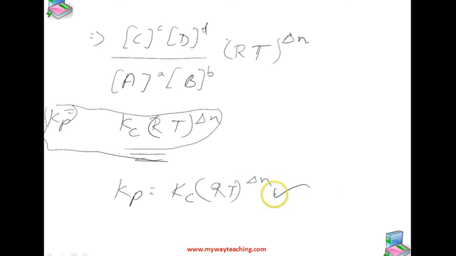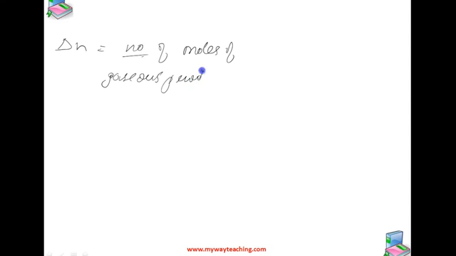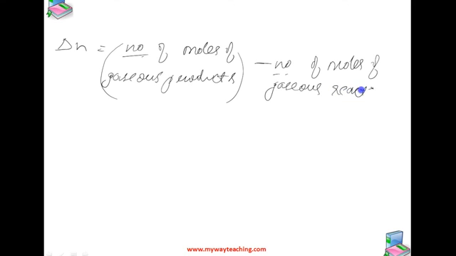Here delta n is equal to the number of moles of gaseous products minus the number of moles of gaseous reactants in the balanced chemical equation.